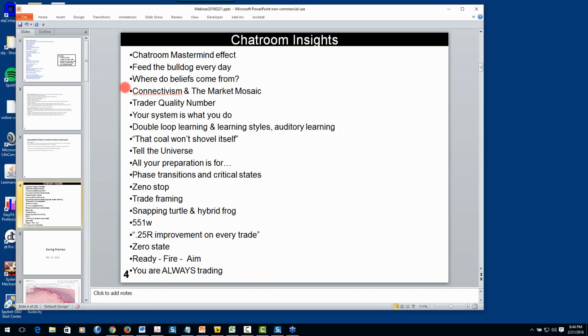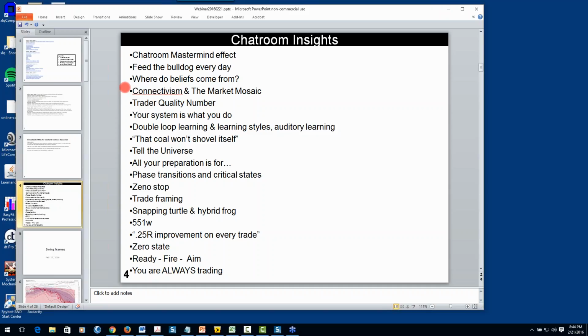Connectivism and the market mosaic. Connectivism is this idea that the world is so large that it can't fit inside your head. And so what we end up doing is linking together cognitive resources to paint a larger picture that's three-dimensional or four-dimensional, adding time. And so the market mosaic is like that for us. There's a lot of indicators that are in there that are not tied directly to actionable systems, but which taken collectively help me start feeling my way through this fog of the market state.